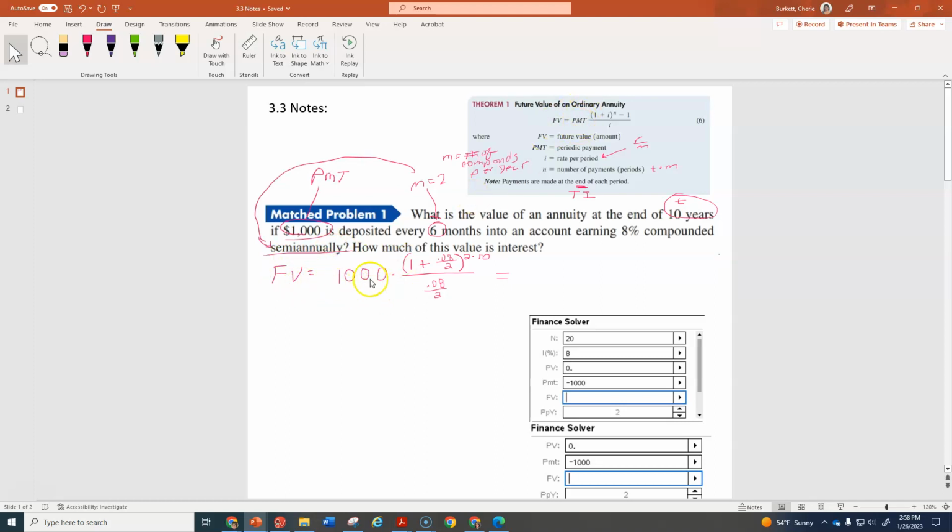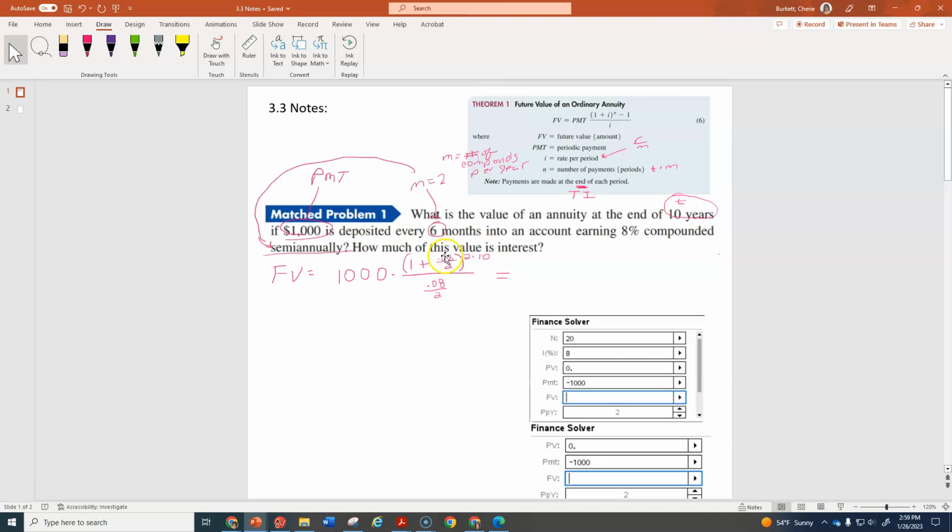My payment is $1,000. The interest rate is going to be the 8% divided by 2, because it's compounded semi-annually, so 4% each time it's compounded. And then it's raised to the total number of payments, making 2 payments every year, so for 10 years, 2 times 10 gives me 20.